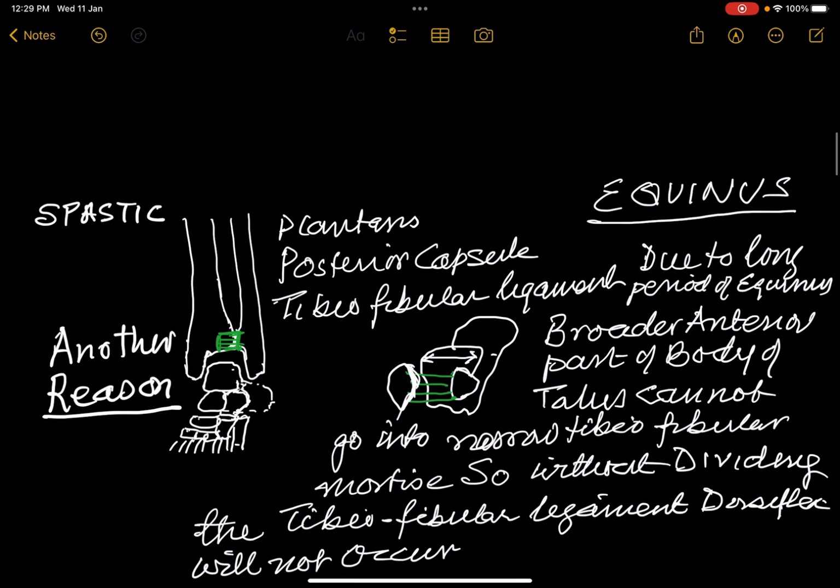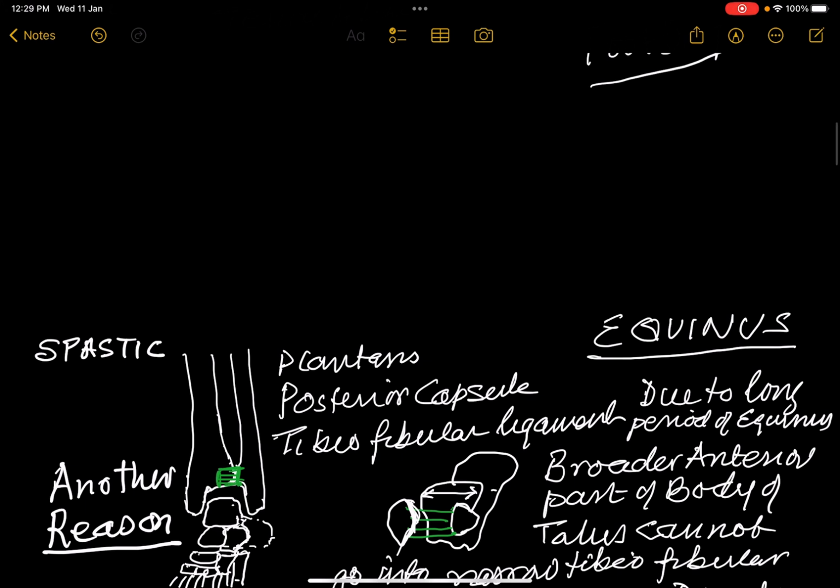Now, supposing we try to manage the equinus first. If there is inability to passively dorsiflex the leg, it can be either because of spasm, which is treatable by proprioceptive neuromuscular facilitation, or because of contracture.